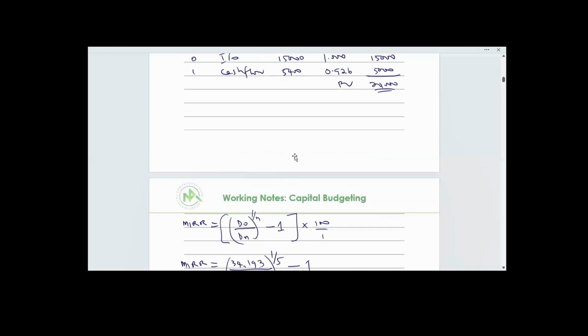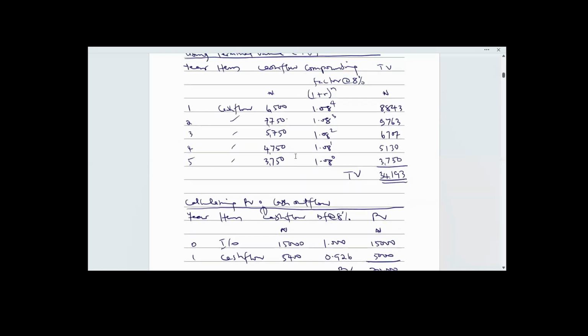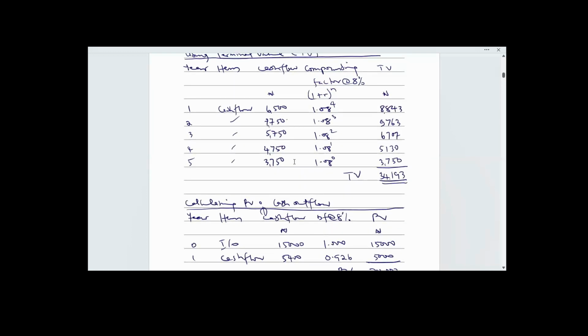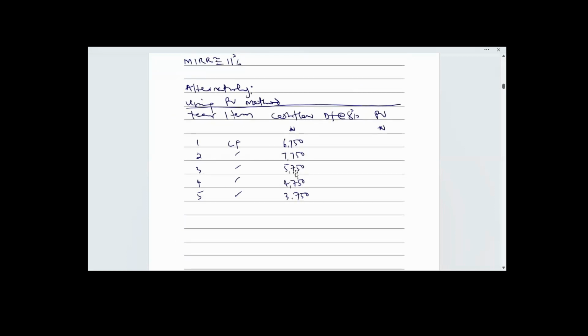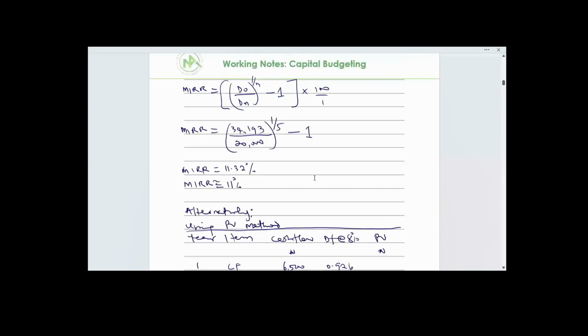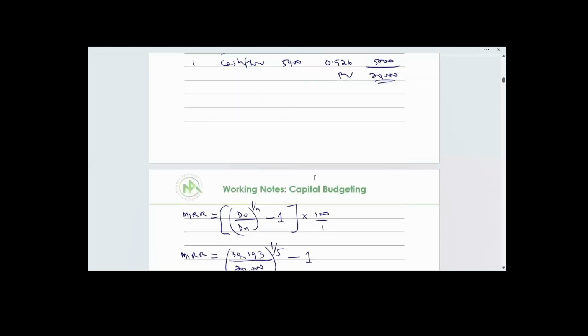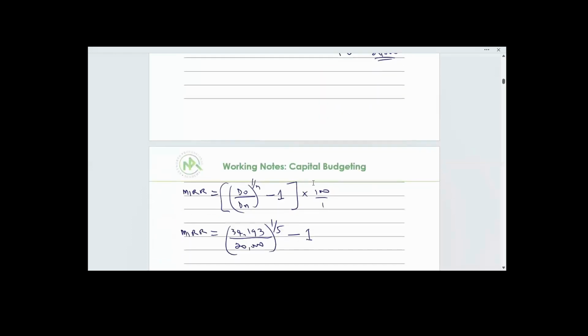What did we use? Yes, 6,500 is the first year cash flow. So we need discount factor for year 1, which is 0.926. I think we got this. That's what we got here. Yes, 0.926. Then let's do for year 2.